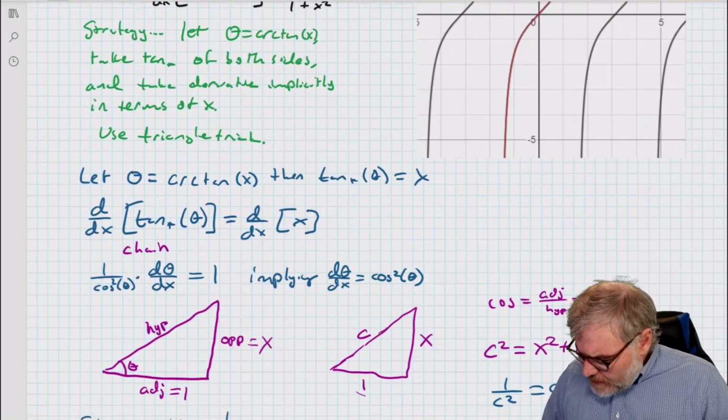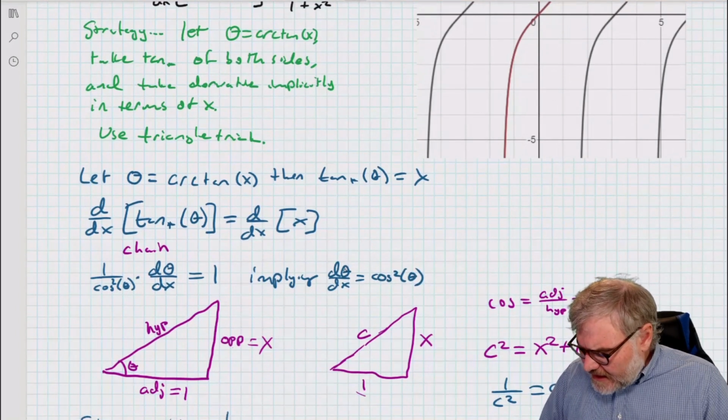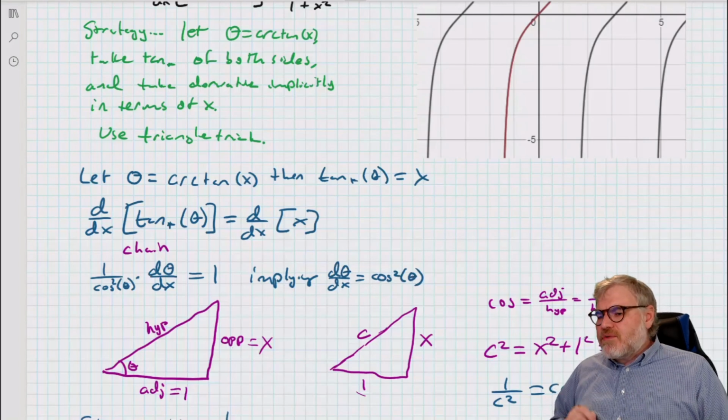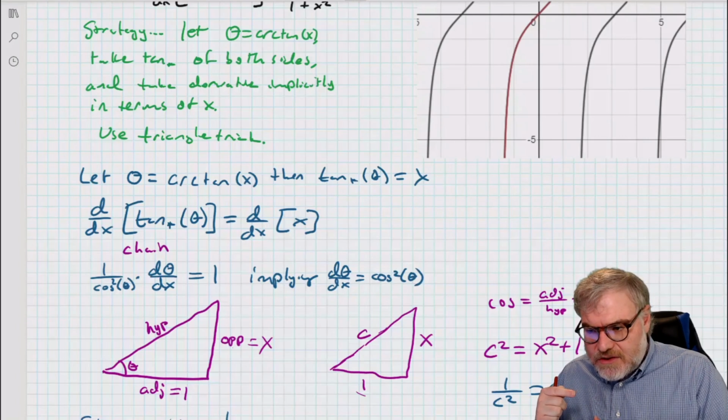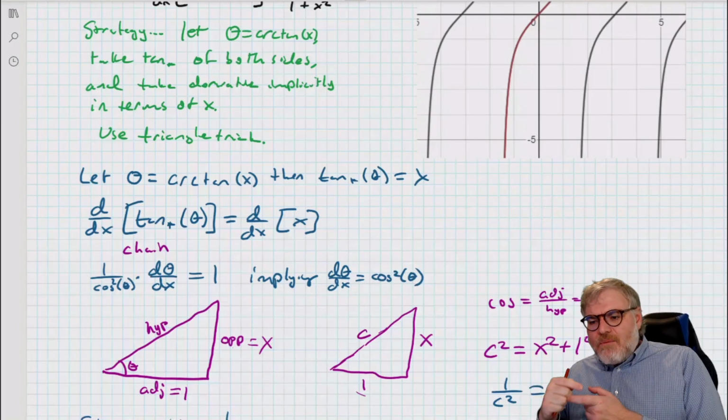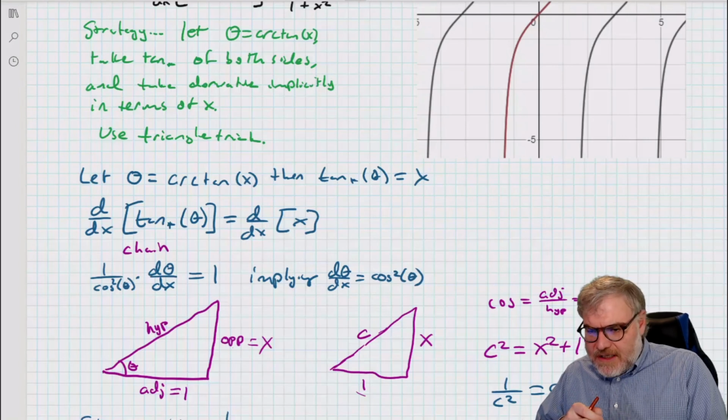I've gotten d theta over dx equals cosine squared of theta, because remember, the derivative of tangent is secant squared, which is 1 over cosine squared. So I wind up with d theta over dx being cosine squared of theta.